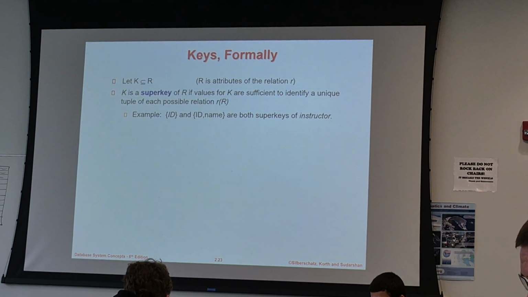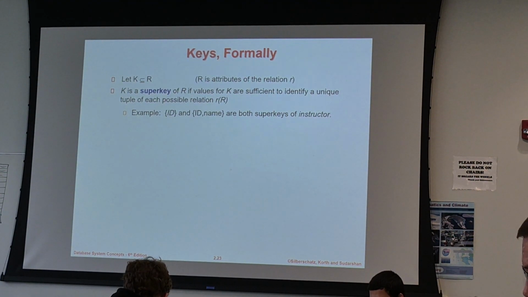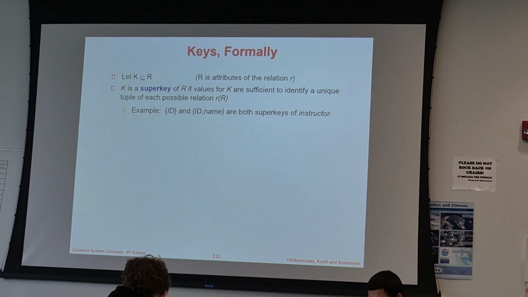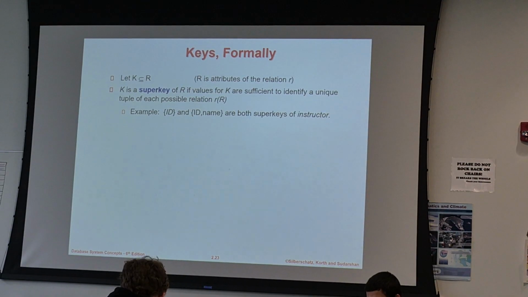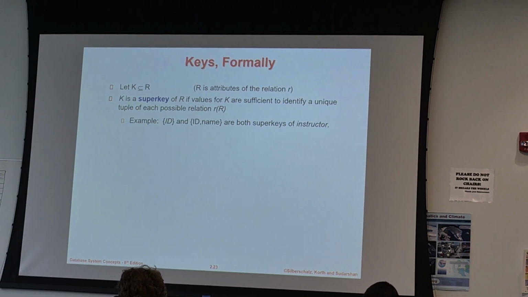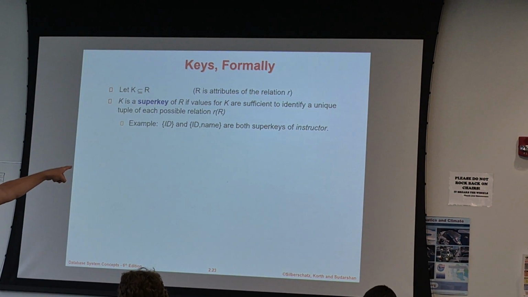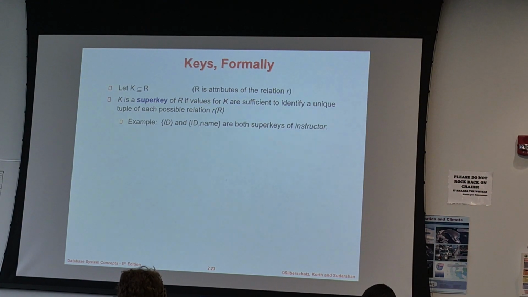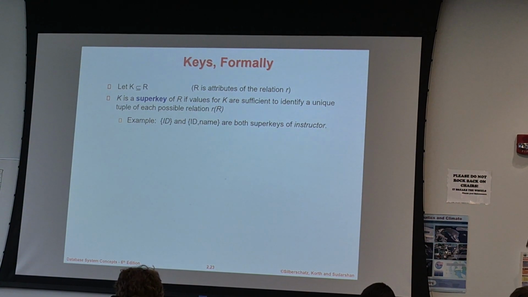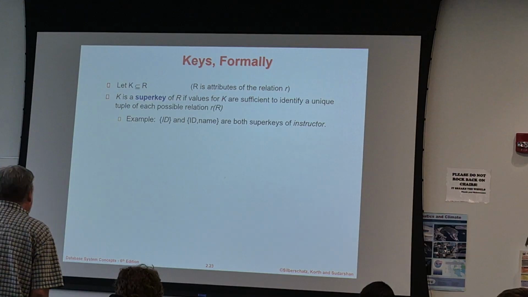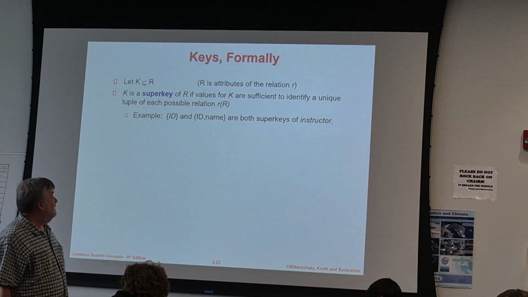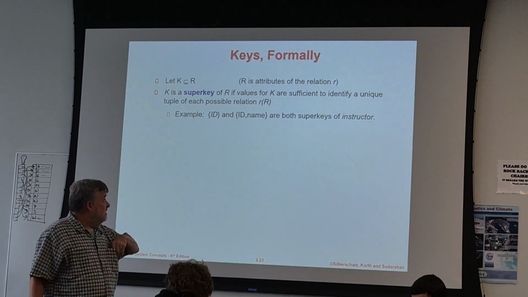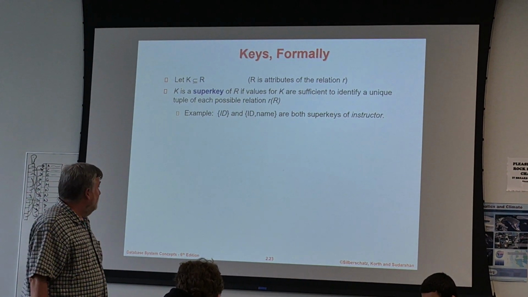We're using capital R for the set of all column names, all attributes of that table. So if we're looking at the instructor table, you probably remember that line from 2 slides ago. If we're talking about the instructor table, both ID and ID, name, both of those sets of attributes are sufficient to uniquely identify any given row in the table instructor.